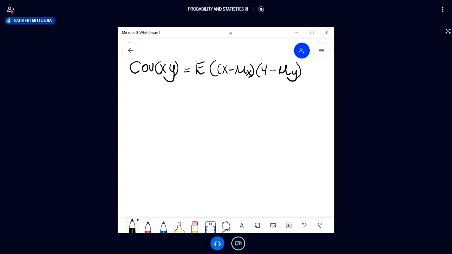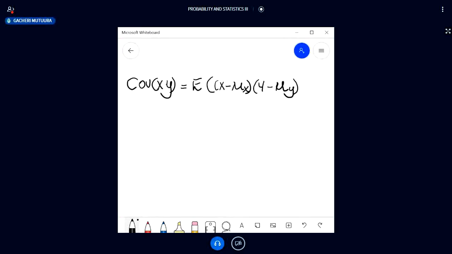This is from the definition of variance. But now, since we are taking the variance of our combined variable x and y, we end up with this definition, where mu x is the expected value of x, and mu y is the expected value of y.